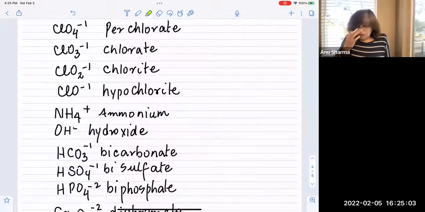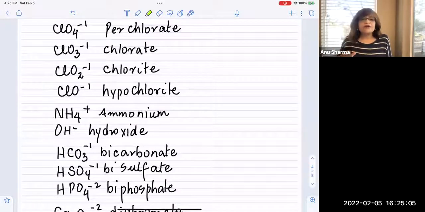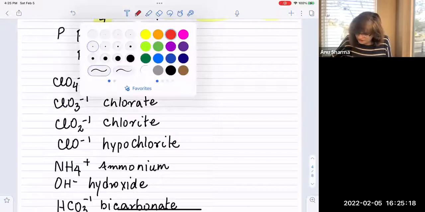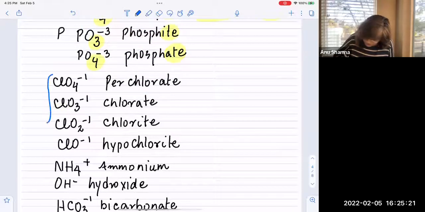When initially we discovered that chlorine combines with 3 oxygens and 1 negative charge, we called it chlorate. So all of these are with respect to chlorine. So let's put this here. This is with chlorine, all these 4 with chlorine, okay?